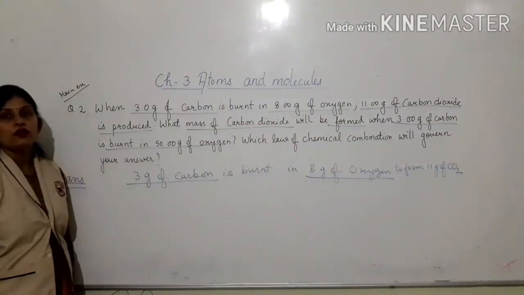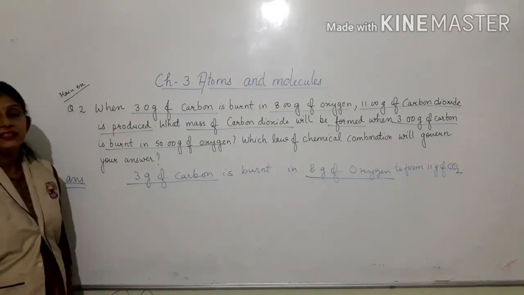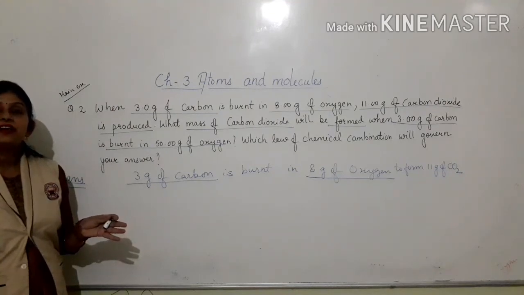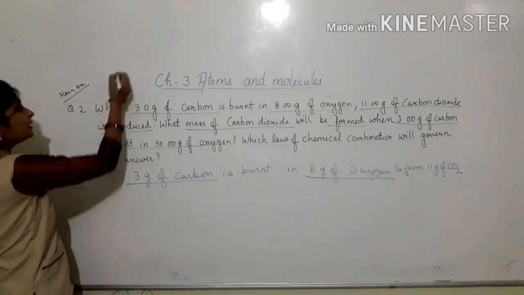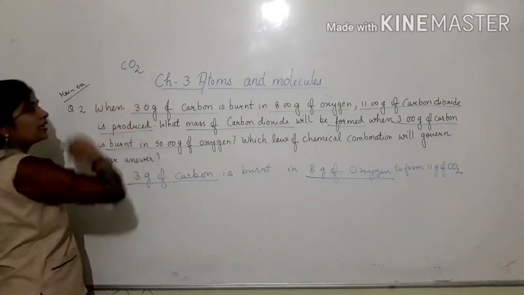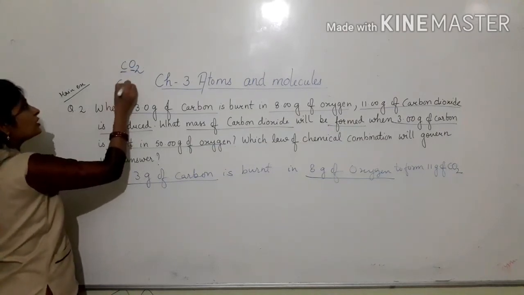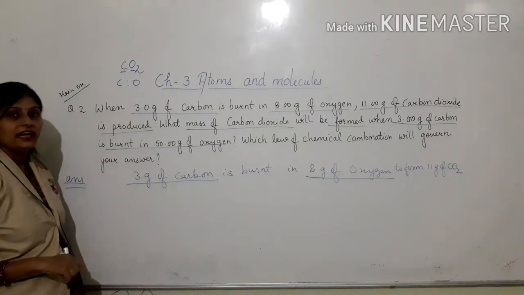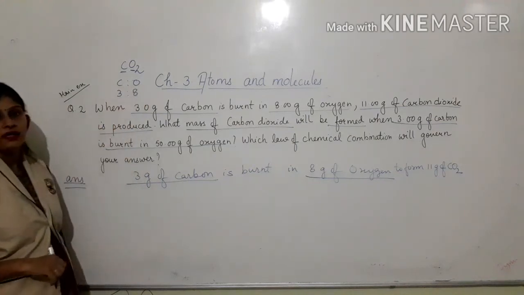According to the law of constant or definite proportion, in a chemical substance, elements are always present in definite proportion by mass. So in carbon dioxide, carbon and oxygen are always present in definite or constant proportion, that is 3 is to 8 by mass.